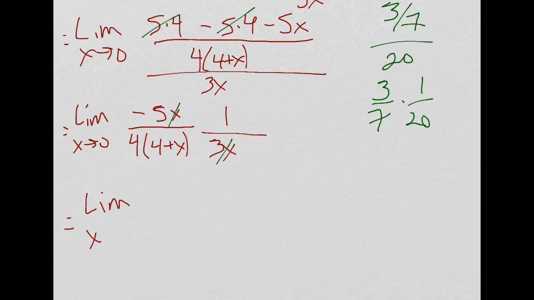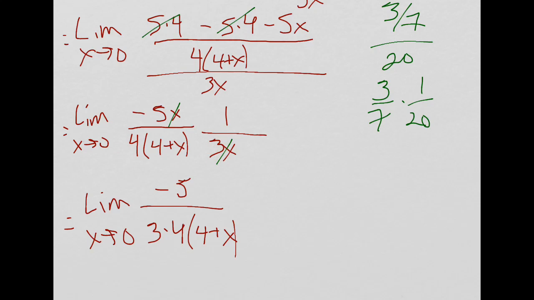Limit as x approaches 0, negative 5 over, I've got 3 times 4 times 4 plus x. I just moved the 3 over to here.